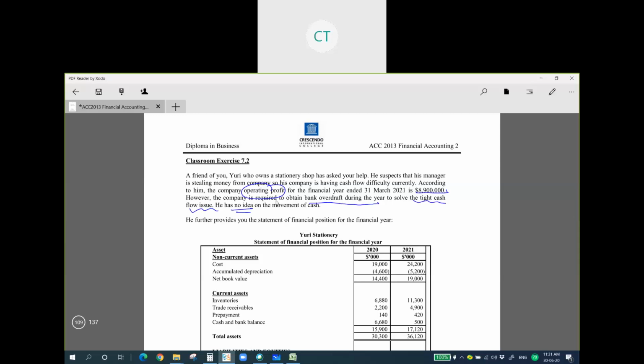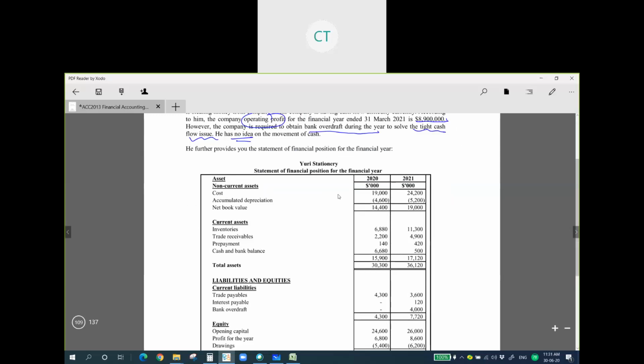He further provides you the statement of financial position for the financial year. So from this statement of financial position, we can know that on the left hand side is the 2020 financial data. 2021 data is on the right hand side.